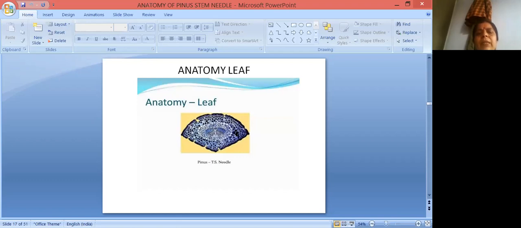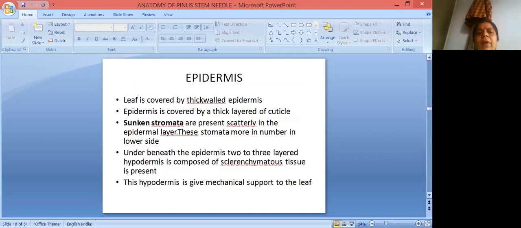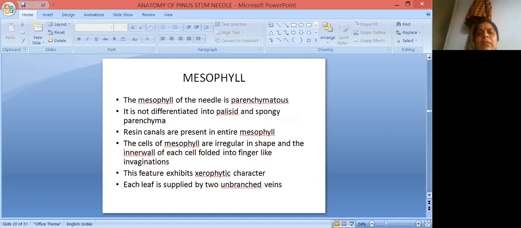One important thing to remember: in the mesophyll cells we find infoldings of the inner walls, called invaginations. That is, the inner walls of the mesophyll cells are folded inward into finger-like structures. That is also one xerophytic adaptation which helps minimize transpiration.